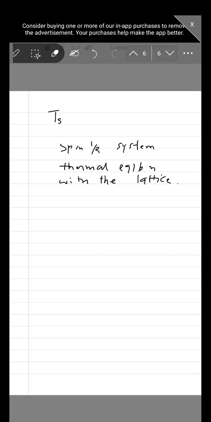So in this case, from Boltzmann statistics, we assume that the number of atoms which are parallel versus the number of atoms which are antiparallel is equal to exponential of 2 mu H divided by kT. This is a Boltzmann factor.